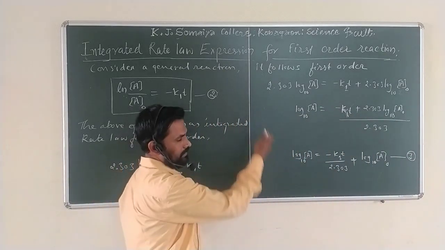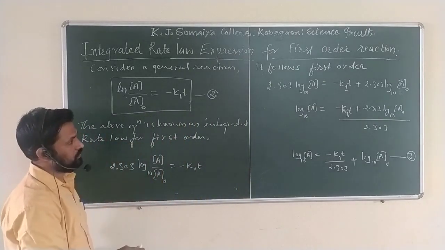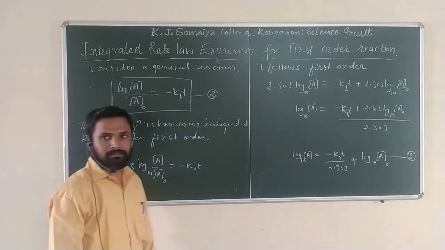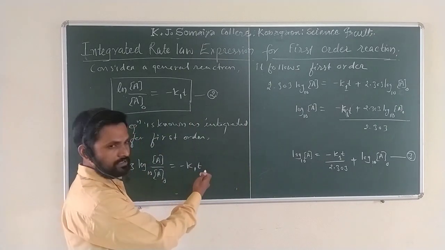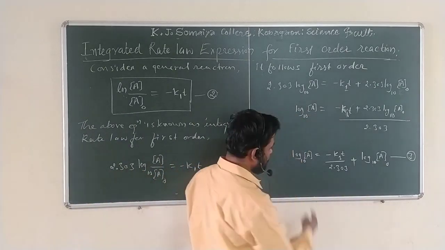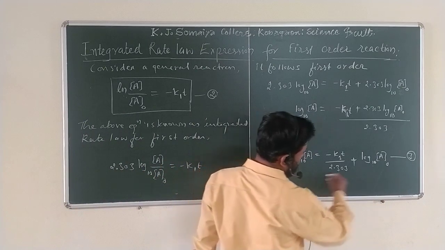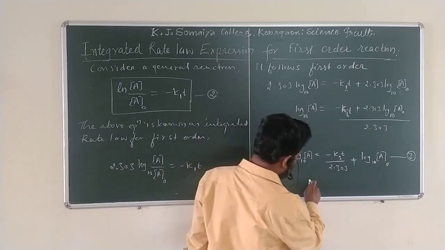Why did I simplify? Because we need such an equation to plot a graph, so the first order reaction can be represented using a graph. What does equation number 3 represent? It represents y equal to mx plus c.